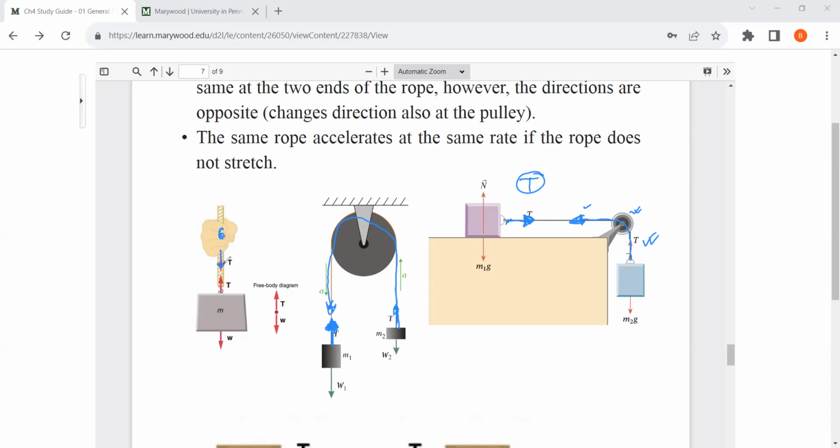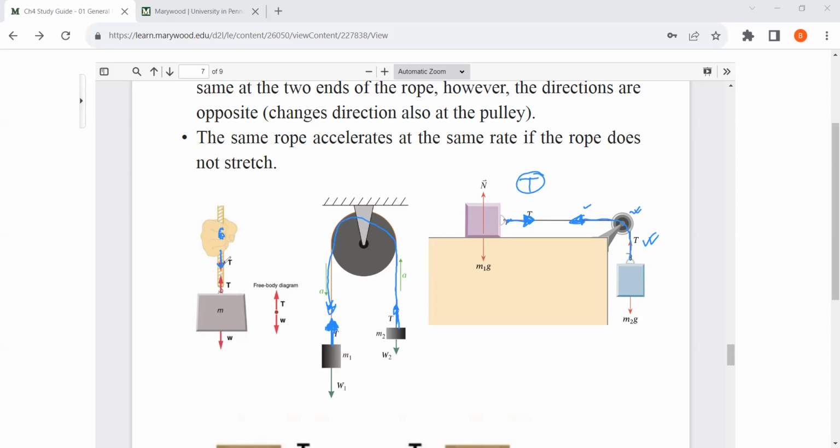So the rules are: we have tension force when objects are connected by strings, wires or ropes. Tension forces are always opposite to the applied force. If the ropes are massless and the pulleys are massless and frictionless, then at the other end of the rope the magnitude of the tension force will be the same, but in the opposite direction.